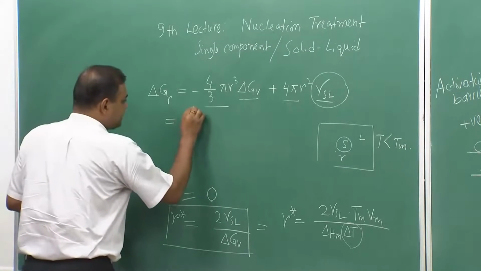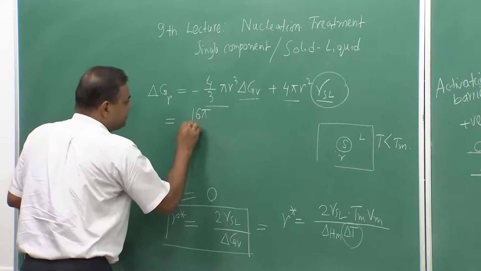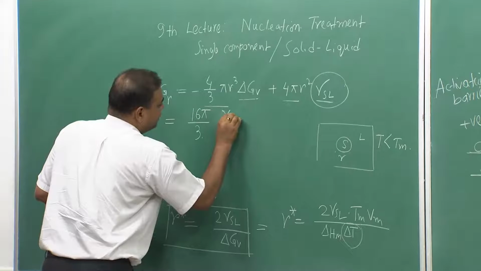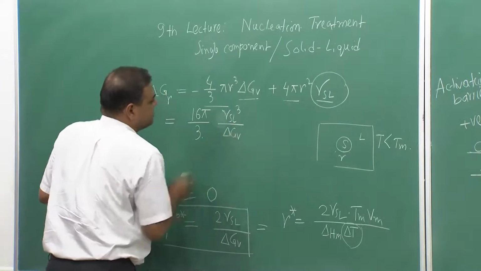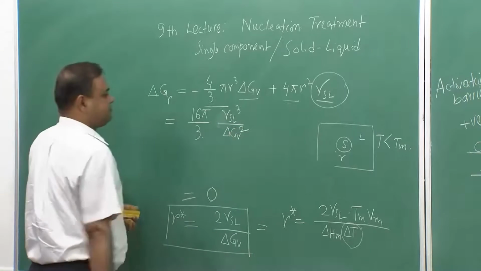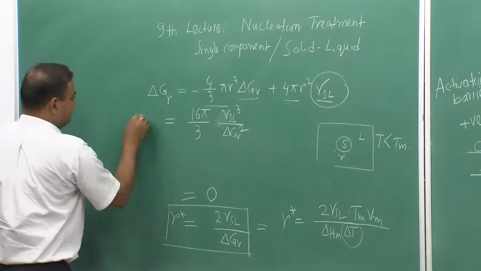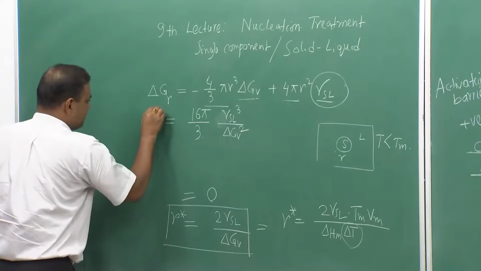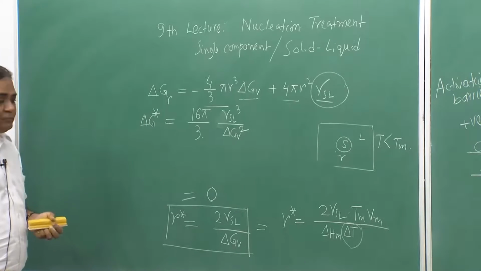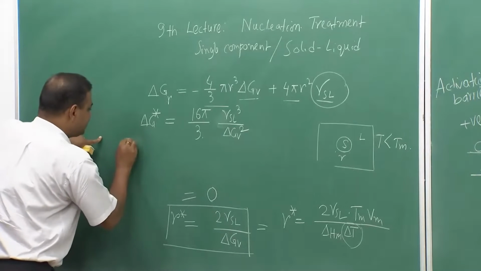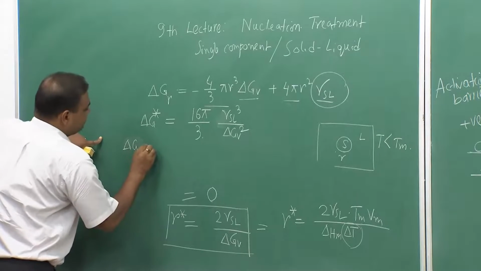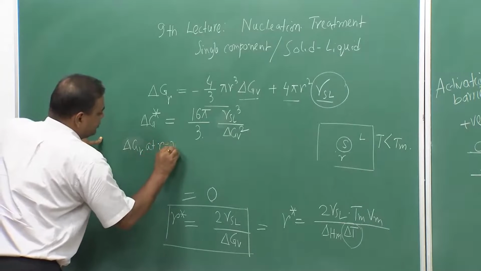Then you will get 16 pi by 3, sorry, gamma SL cube by delta GV square. Now this becomes delta G star, and this delta G star is basically nothing but delta G R at R equal to R star.